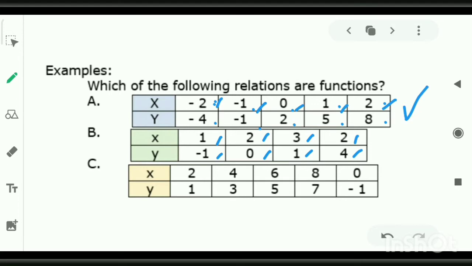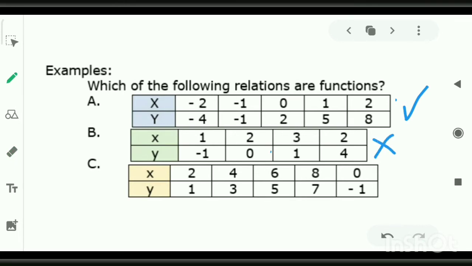Next, for letter B, we have (1, -1), (2, 0), (3, 1), and (2, 4). Now, take note for letter B, we have (2, 0) and (2, 4). Both have 2 as their x element. Since 2 is repeated or duplicated as the x element, therefore, set B is not a function.